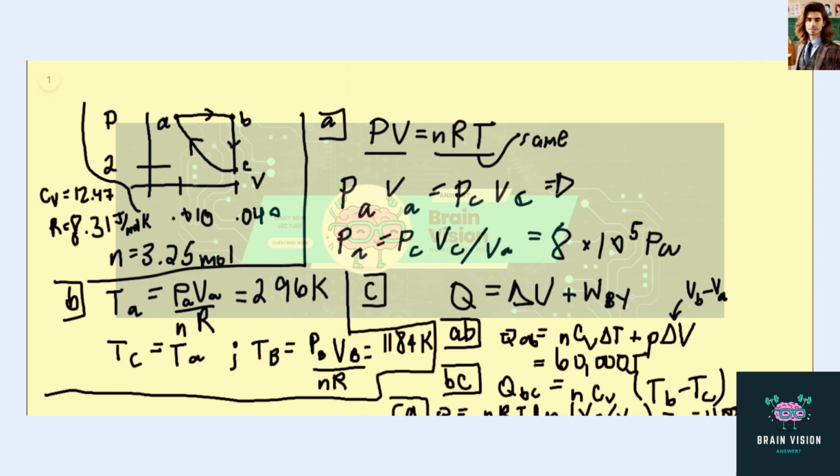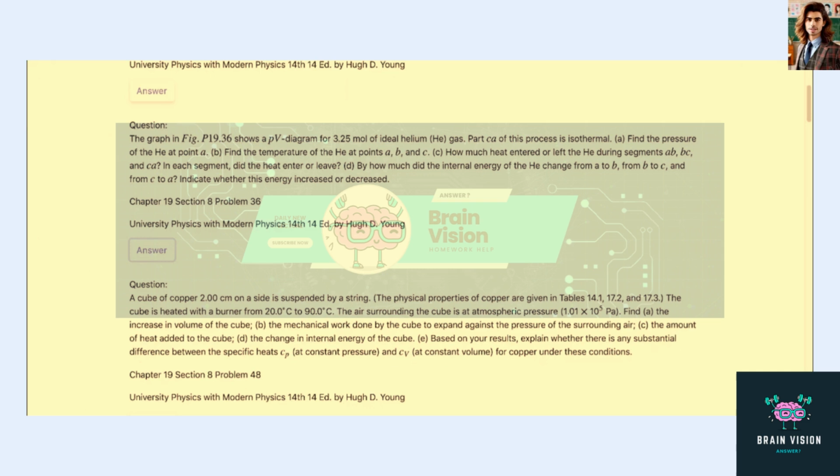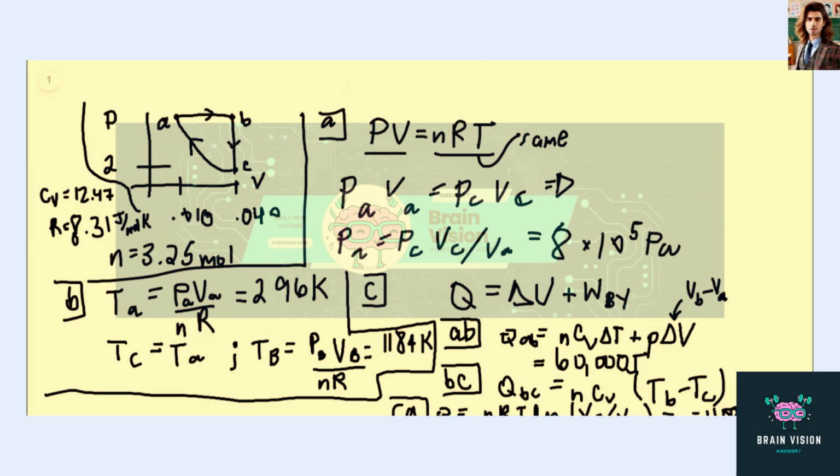But wait, there's more. Yes, there is more. For part D, it asks for all the changes in internal energy. We kind of just calculated that for Q. I usually would just do this on another sheet, but to make this less confusing, I'll give it its own little color.